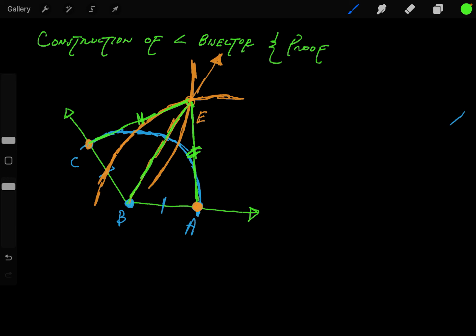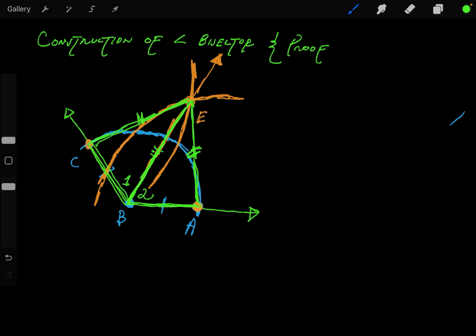The length BE is congruent to itself, and then AB is congruent to BC, so we have that this triangle is the same as this triangle. These two triangles are congruent by side, side, side, therefore angle 1 is going to be congruent to angle 2 by CPCTC. And then that guarantees that this ray, BE, is an angle bisector by definition.